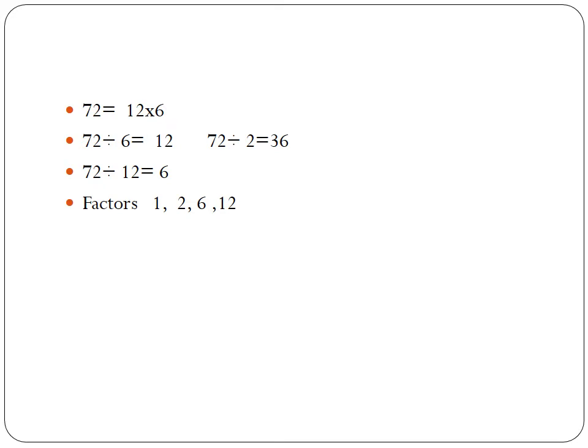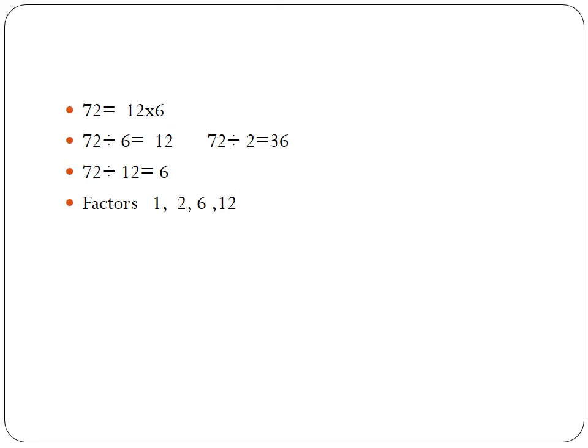72 you can write like this: 12 sixes are 72. 72 is divisible by 6 and 72 is divisible by 12 also. 72 is divisible by 2 also, and 72 is divisible by 1 also.